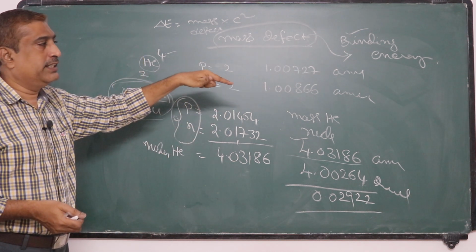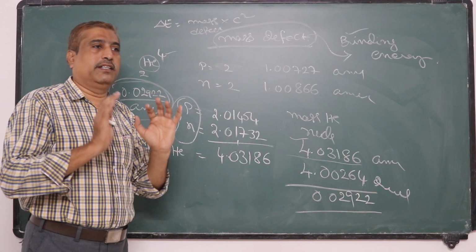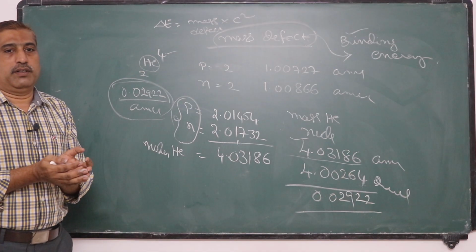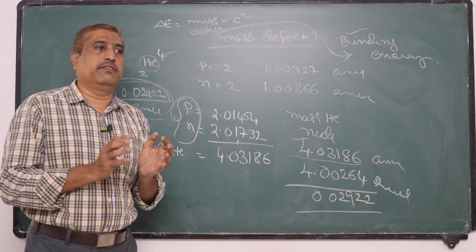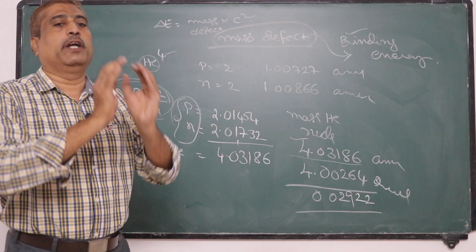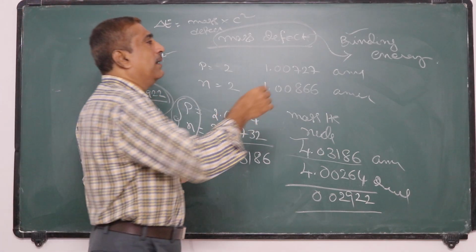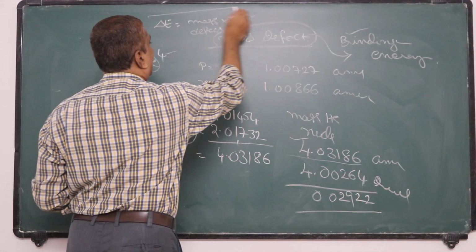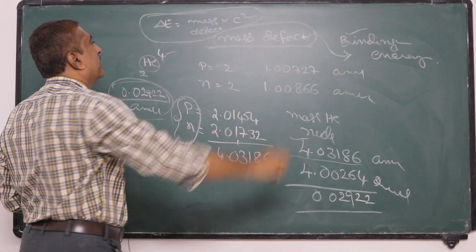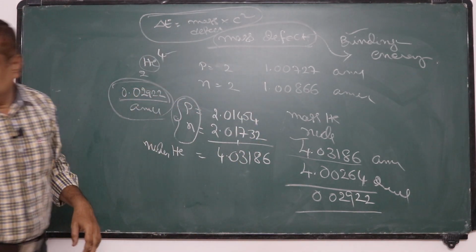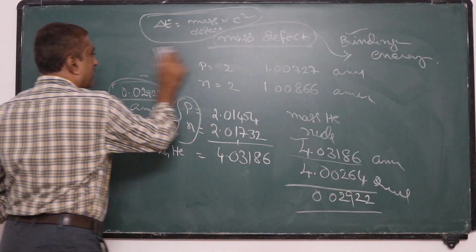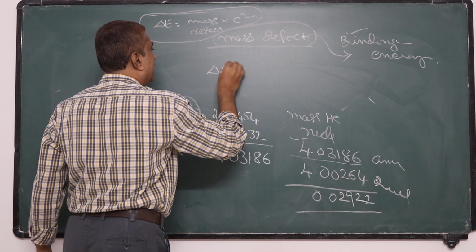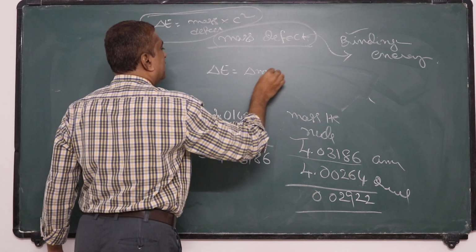Binding energy is defined as the amount of energy released when nucleons combine to form a nucleus. Binding energy and mass defect are related by this equation: delta E is equal to delta m c square.